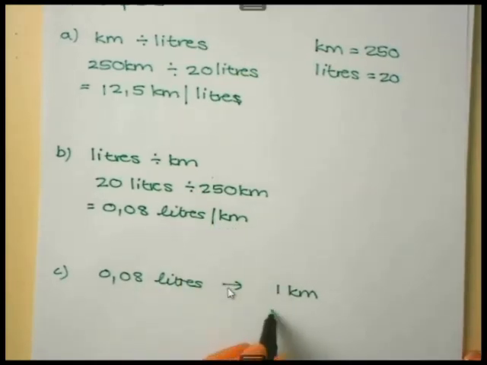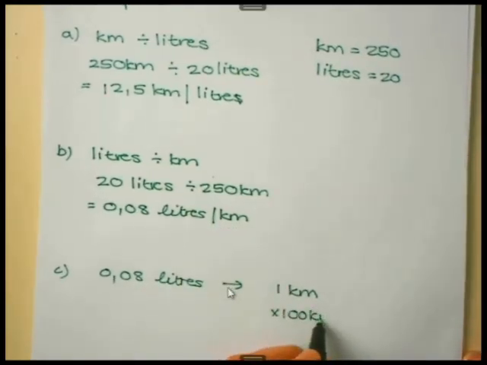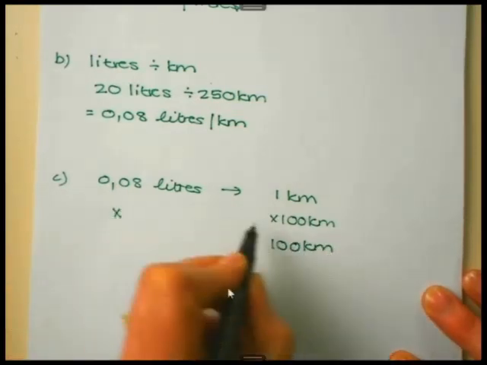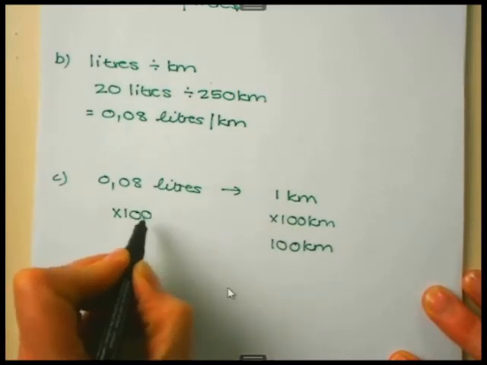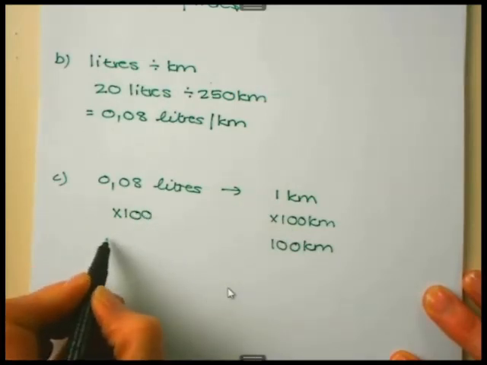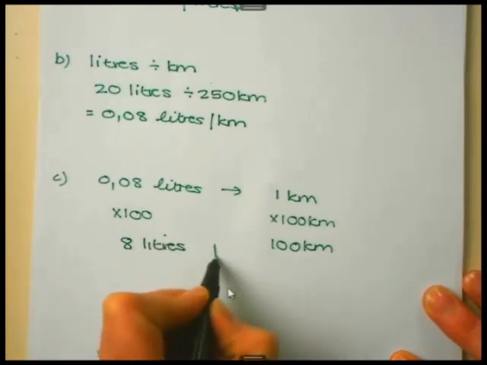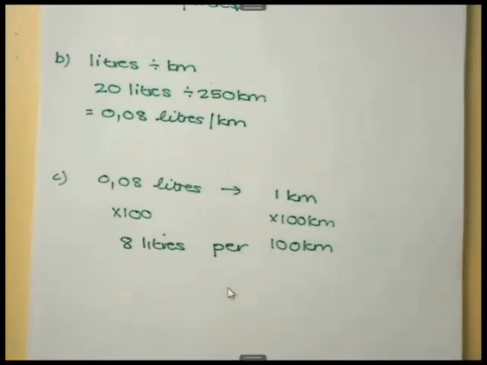But now we want to go up to 100 kilometers. If we multiply by 100 on this side, we must multiply by 100 on this side. And we're going to get 8 liters per 100 kilometers.